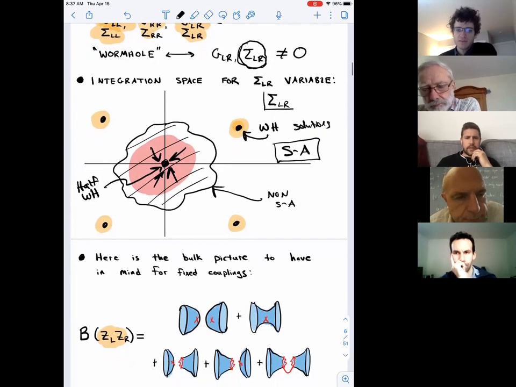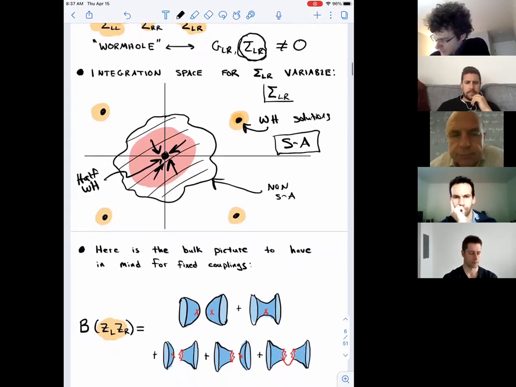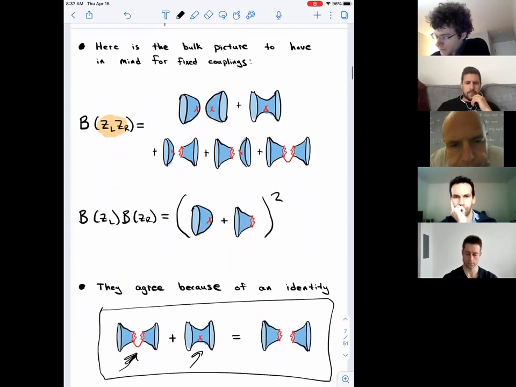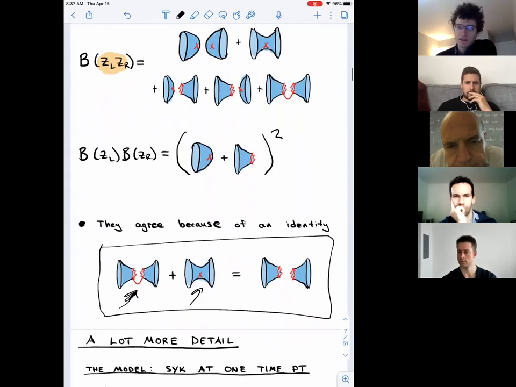Okay. Sorry, do they have a semi-classical meaning on the gravity side? Well, that's a good question, and we don't understand this very precisely in gravity, but our belief is that it looks something like the pictures that are drawn here. It looks like a configuration where you have a semi-classical geometry that looks like half of a wormhole, and perhaps it ends somehow in some kind of brane or some kind of boundary condition.